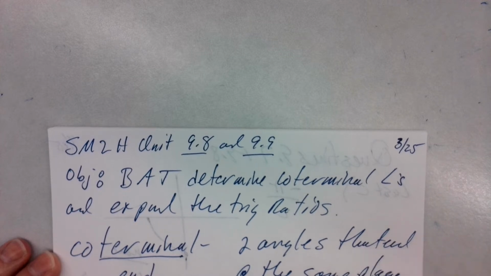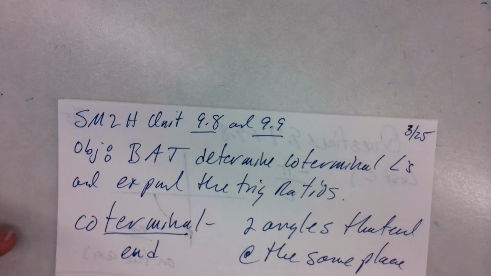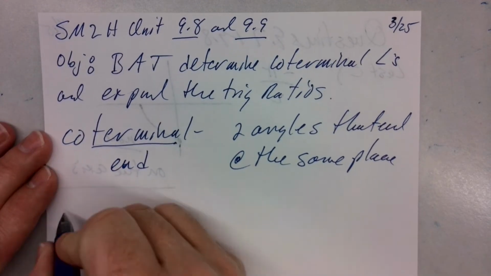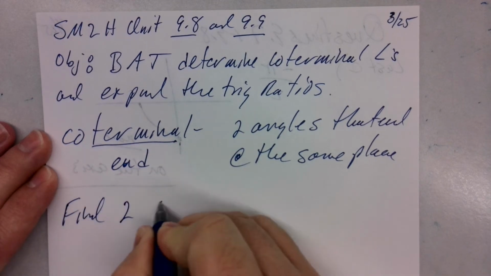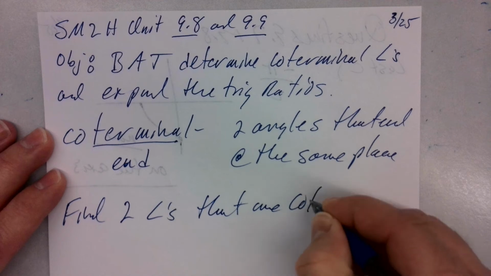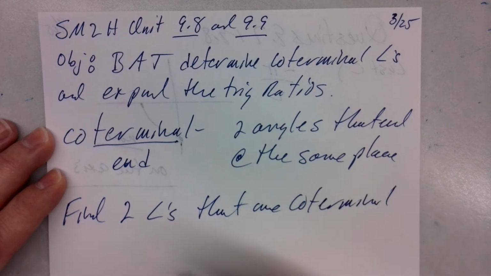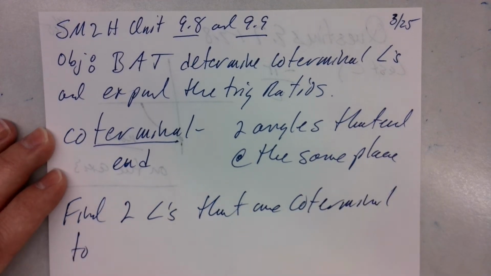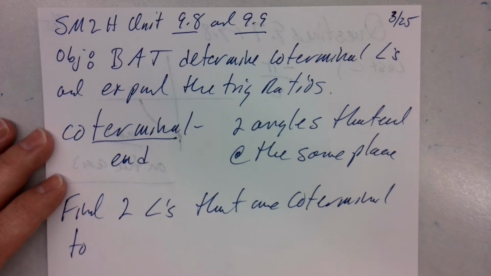Now, they're going to want one positive and one negative. So let's start off easy, and I say find 2 angles that are coterminal to, somebody throw me out a number. 65 degrees.